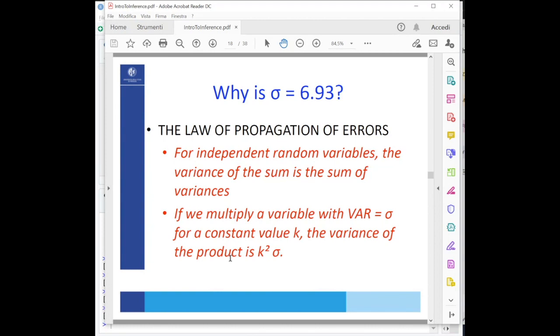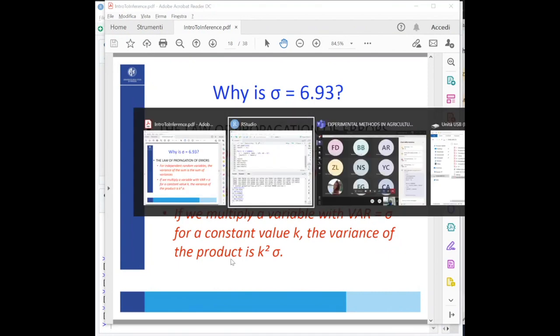So I take all individuals, I multiply by k, the new variance is increased by the square of the k value.